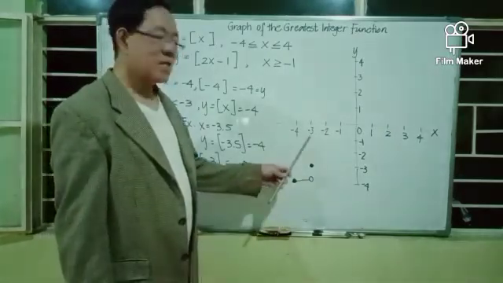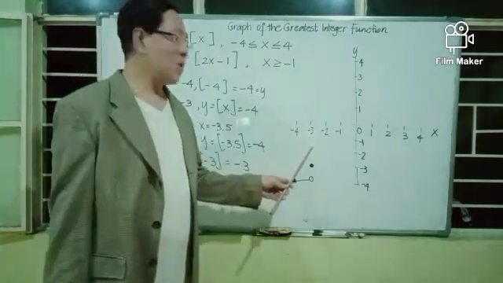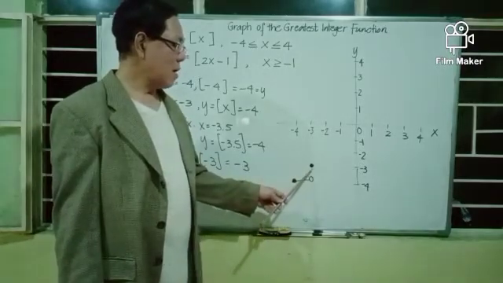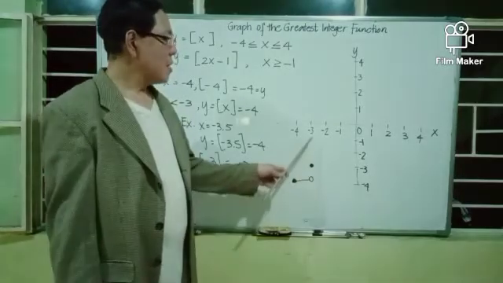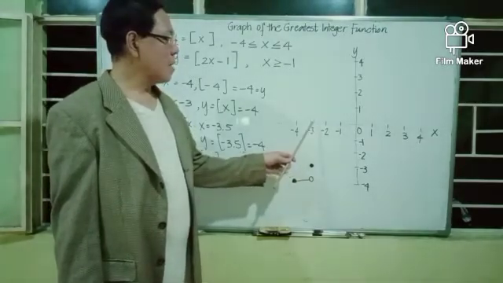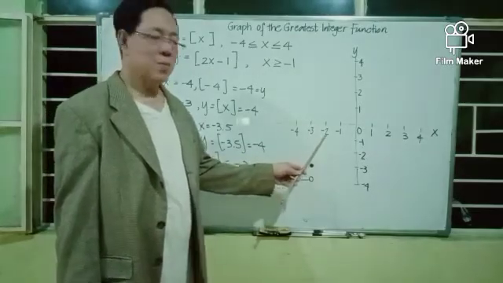But when x is negative 3, the value of y, which is equal to the floor of negative 3, is negative 3, as indicated by this dot or shaded circle. Now we consider the values of x that are greater than negative 3 but less than negative 2.